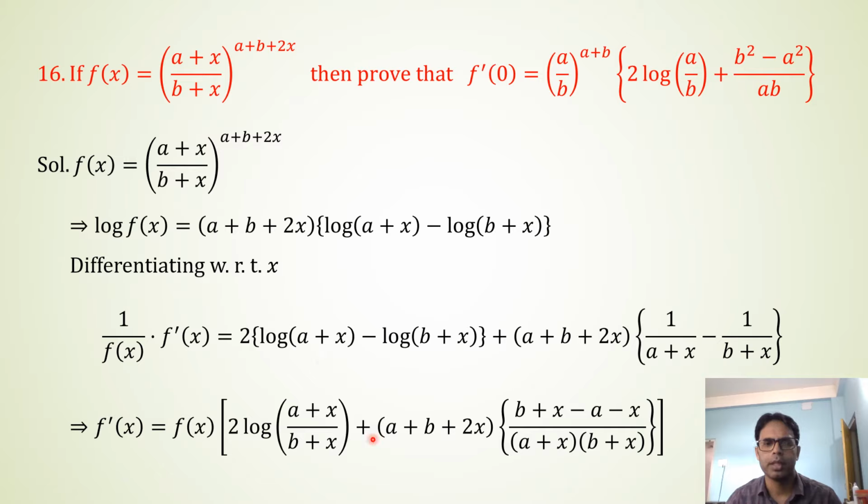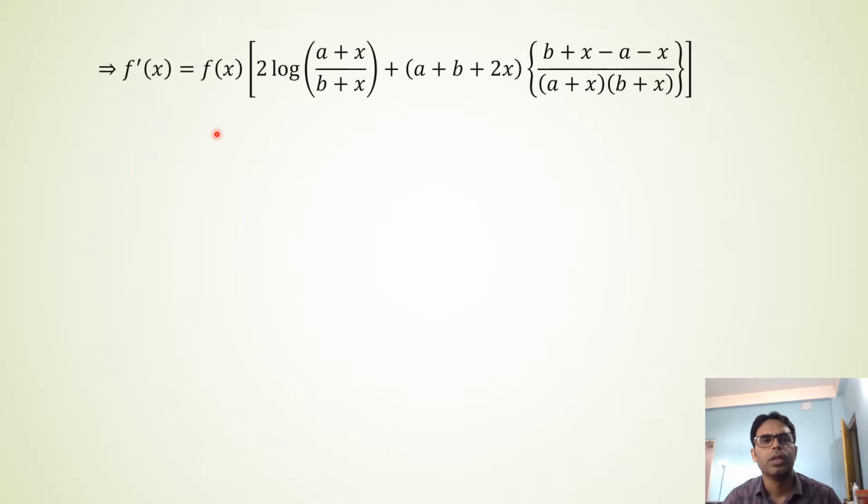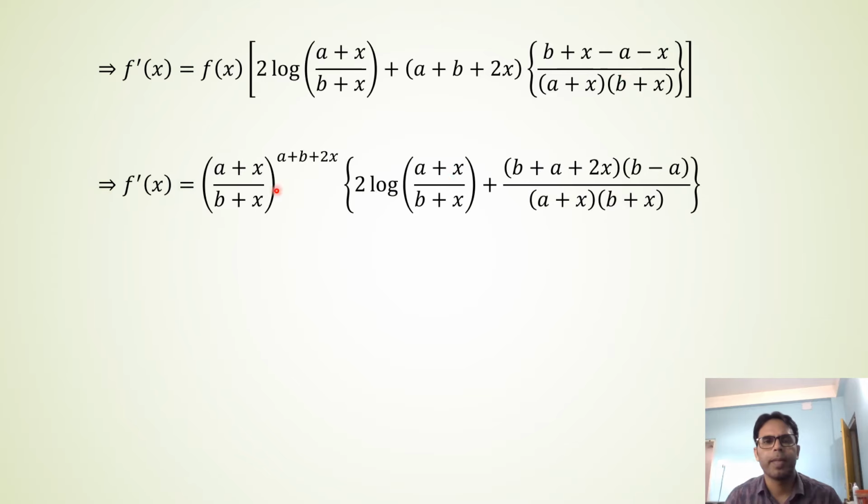Then plus, this term is already here, taking LCM here, and the LCM is a plus x into b plus x. So it will be b plus x minus a minus x. So positive negative x is cancelled, it is the term only b minus a. So you see here the first term is remaining same, plus this is already in the previous screen.